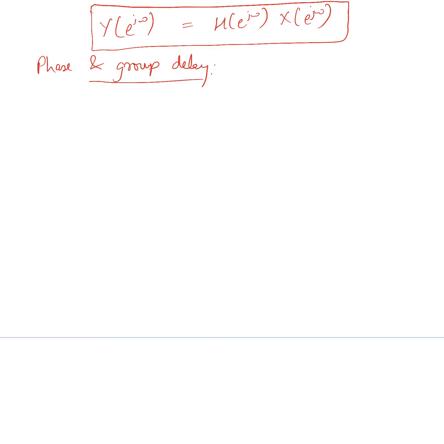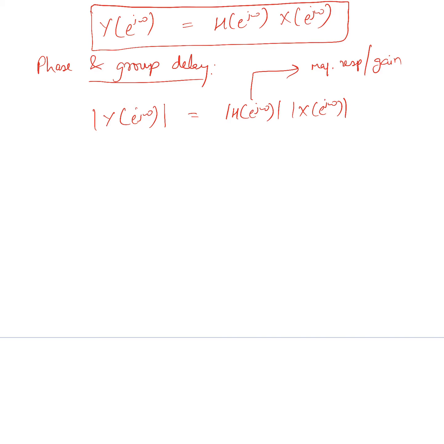The magnitude response is computed by the modulus of Y of e to the power j omega, and similarly the modulus of their magnitude response. This we call the magnitude response, or the gain of the system, right?